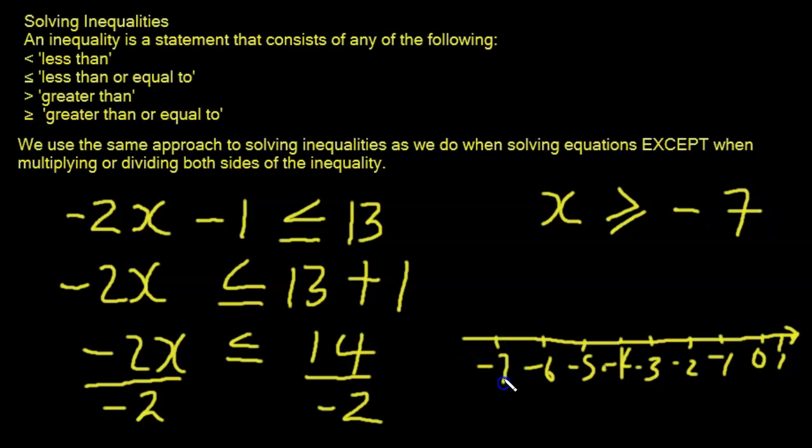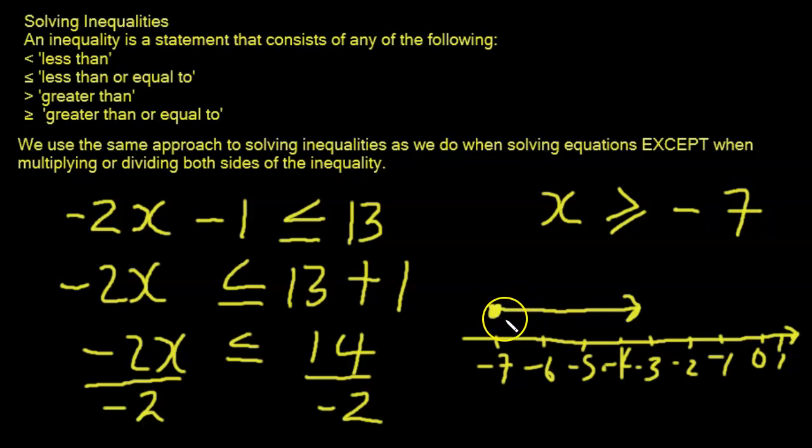So if we show this in a number line, because "or equal to" is there, then we use what we call a full dot. And greater than we move to the right of the number line, right? So it's "or equal to" there to show that. Greater than minus 7 goes on and on from negative 7, greater than or equal to.